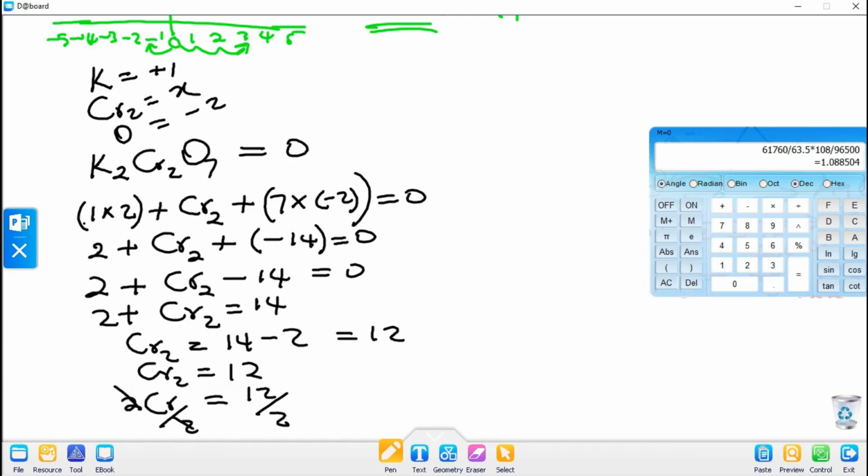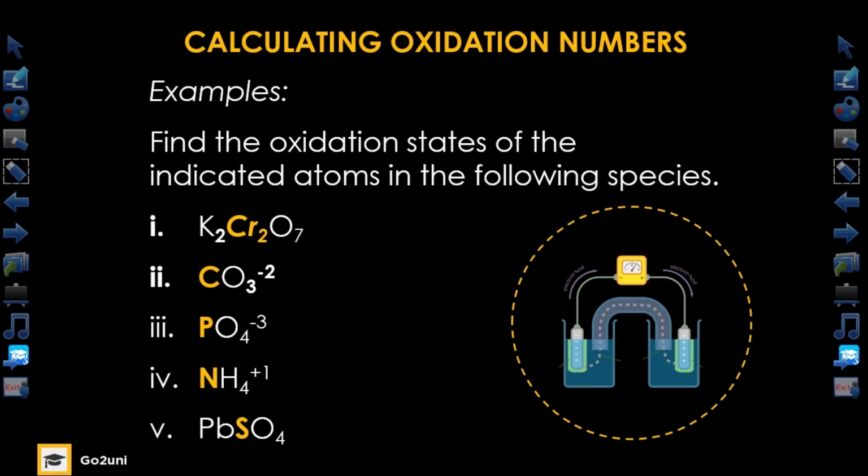So when this cancels that, 12 over 2 gives us 6. So this is actually how chromium is equal to 6. So you can see that is why the name of that compound is potassium heptaoxo dichromate 6. Potassium heptaoxo dichromate 6. That is the name of that compound. So this is how to calculate oxidation state or oxidation number of elements in a given compound.